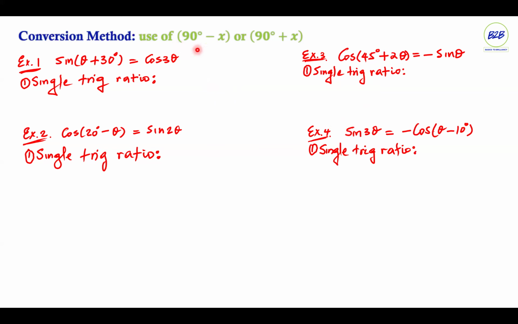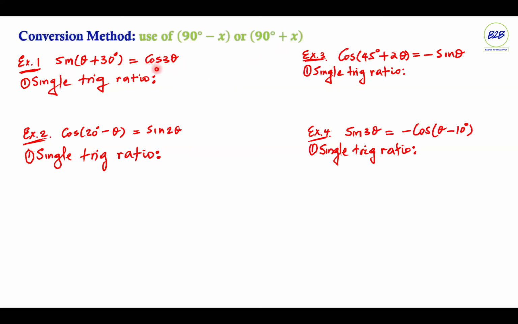And in episode 1, previously, we saw that when we use 90 degrees minus x or 90 degrees plus x in cos, cos must change to sine. If we use one of those two in sine, sine must change to cos.